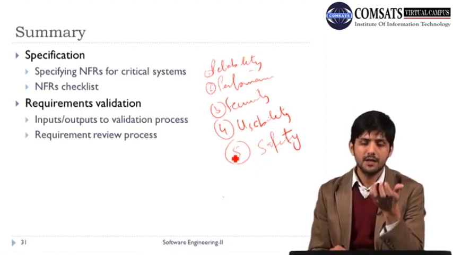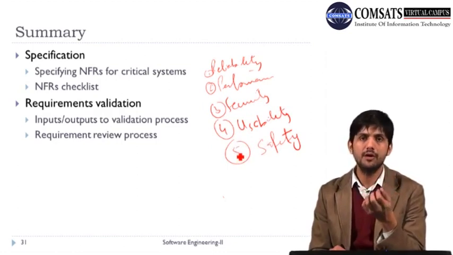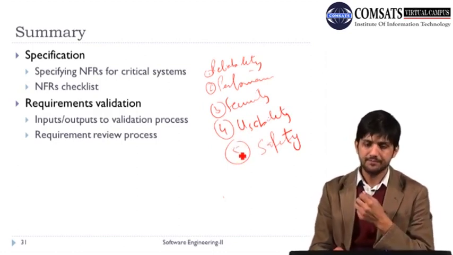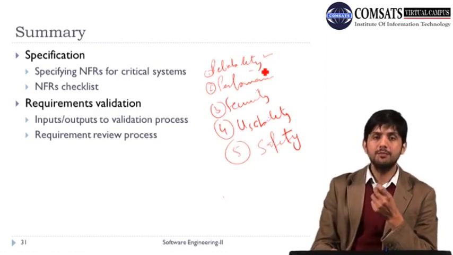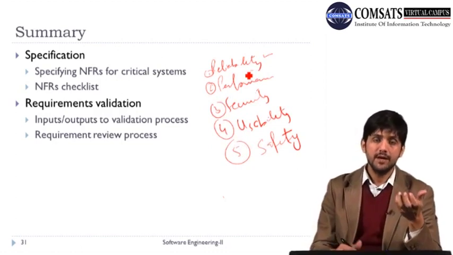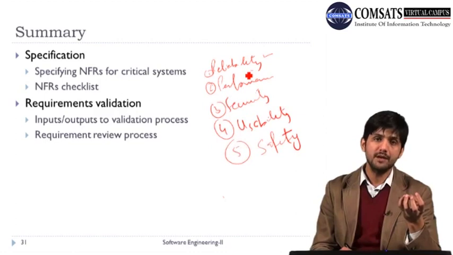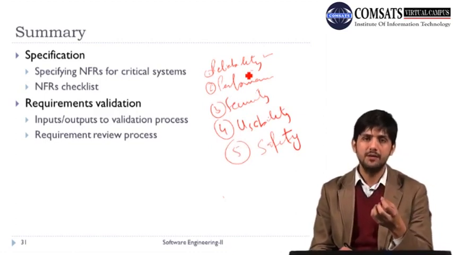Similarly, we need to describe the failure rate of the system in terms of mean time between failures or rate of occurrence of failures. Similarly, when we talked about performance, we said that performance can be specified in 3 ways. We can say what the timing requirements are, what the throughput requirements are, and what the response requirements are.